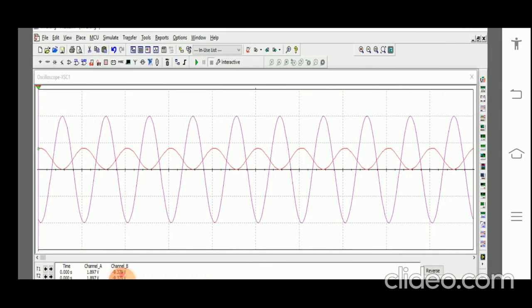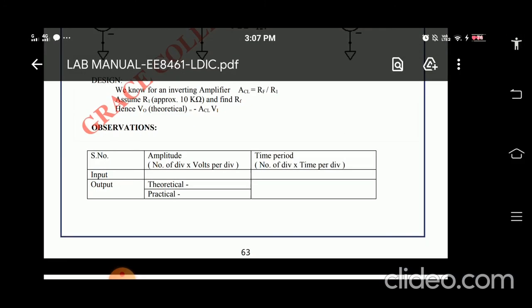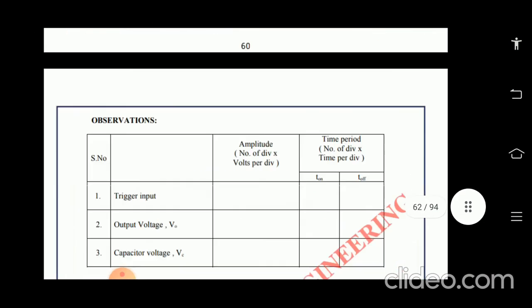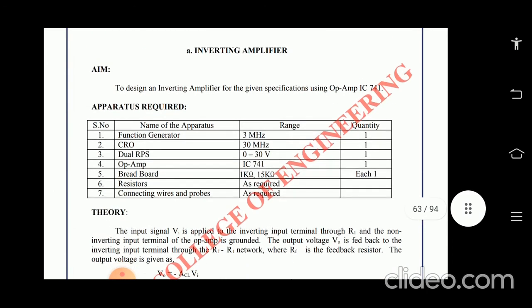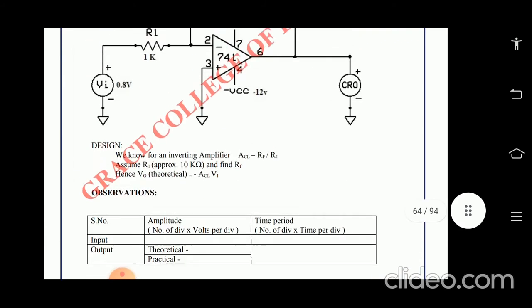So from the waveform we can calculate the amplitude and the time period as number of divisions into the quantity per division for your input and also your output. So this is the thing we want to do in this experiment.